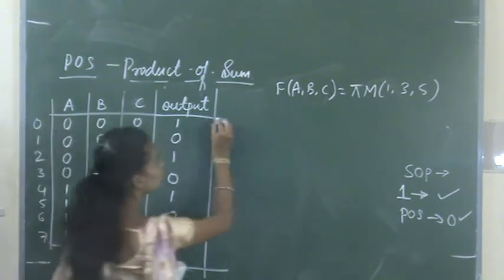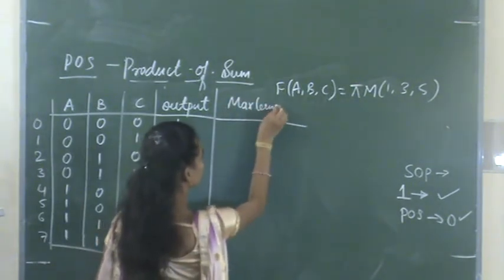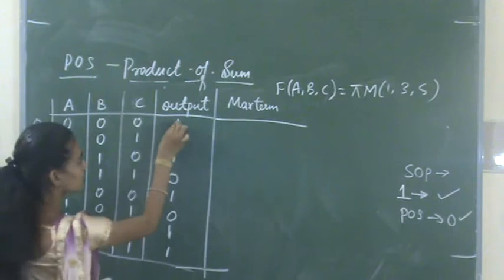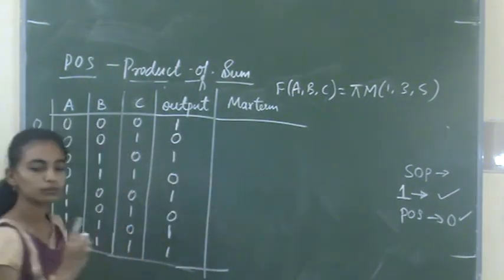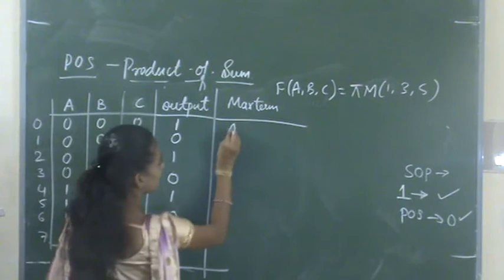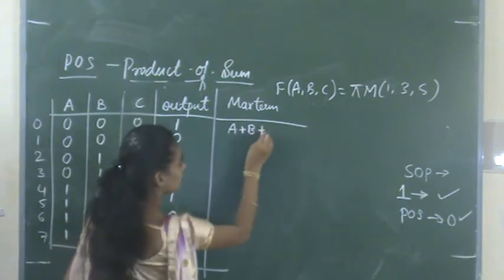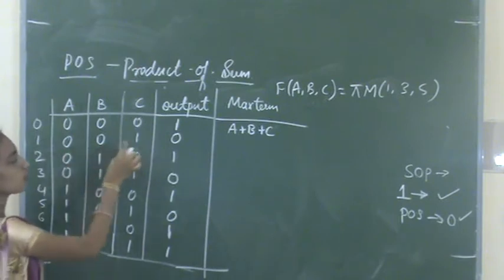Okay. So now how to write the max term for this expression? 0, 0, 0. I told you in a max term, wherever the 0 is there, we write the variable as it is. So A plus B plus C. Okay. So next 0, 0, 1.